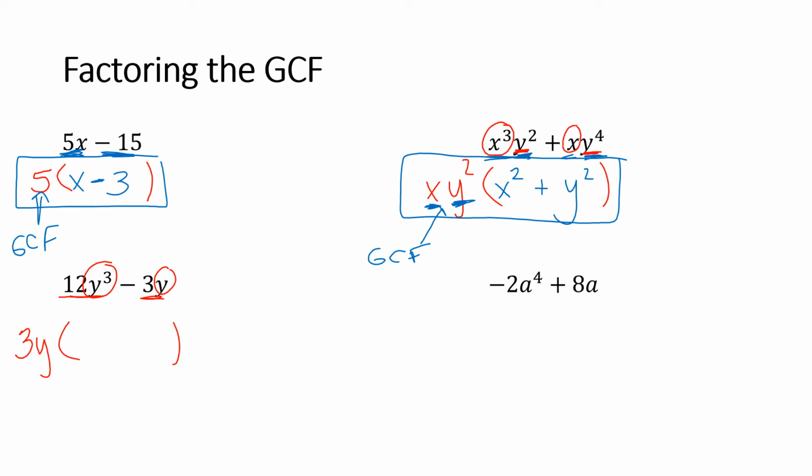Okay, now the important part, to see what's left over. So this first expression, we started with 12, but we factored out a 3. And we know 12 divided by 3 is 4. We also started off with y cubed, but we moved 1 y to the front. That's going to leave y squared. And for the second term, we started off with negative 3y, and we moved 3y out to the front.